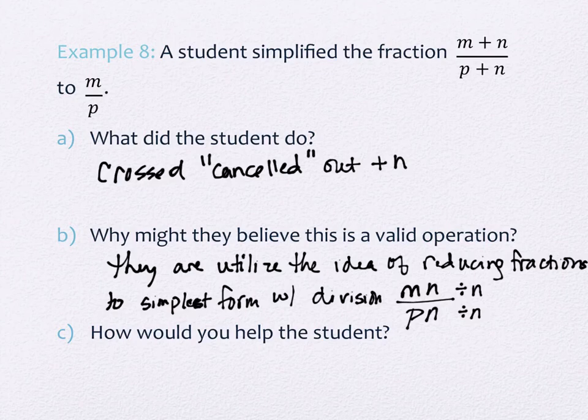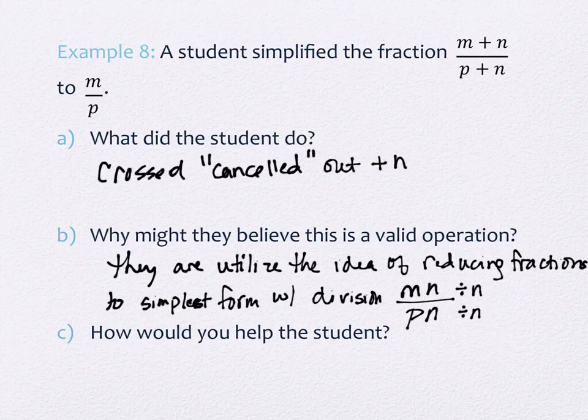So they're using a property that's appropriate for division, but using it with subtraction, like you said. There's something they've seen along the way that's sort of right, but they're using it in the wrong context. That's probably worth explaining to them in general: you can do this with multiplication and division, but you can't do it with addition and subtraction. What if they say, but why?